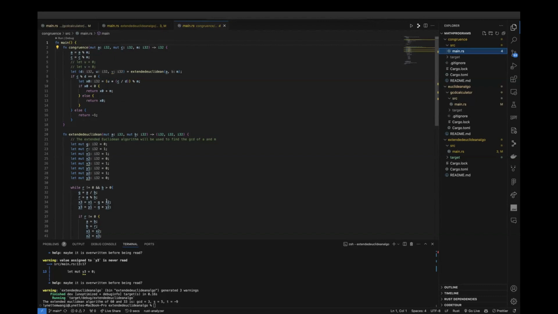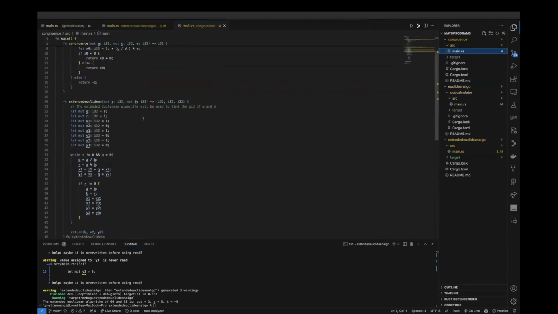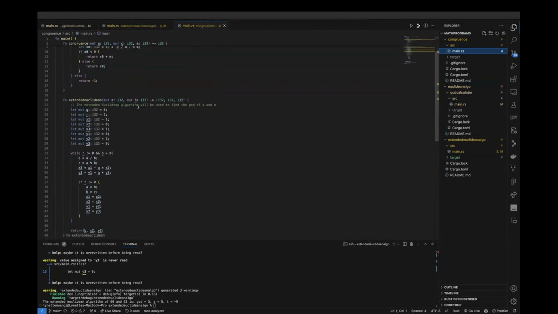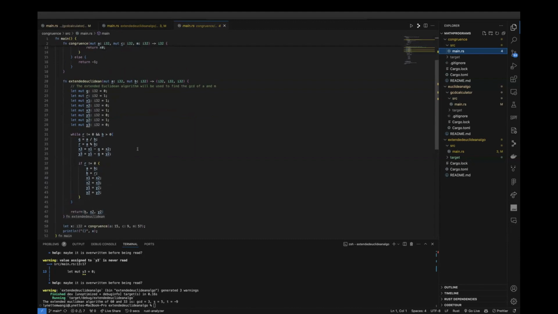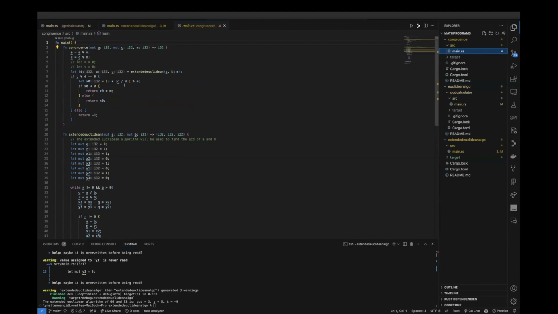So I used my same code for the extended Euclidean algorithm so that we can find the GCD and X and Y. And then now in congruence, when we have our three numbers, we're supposed to first of all find our GCD, which is going to be D here.